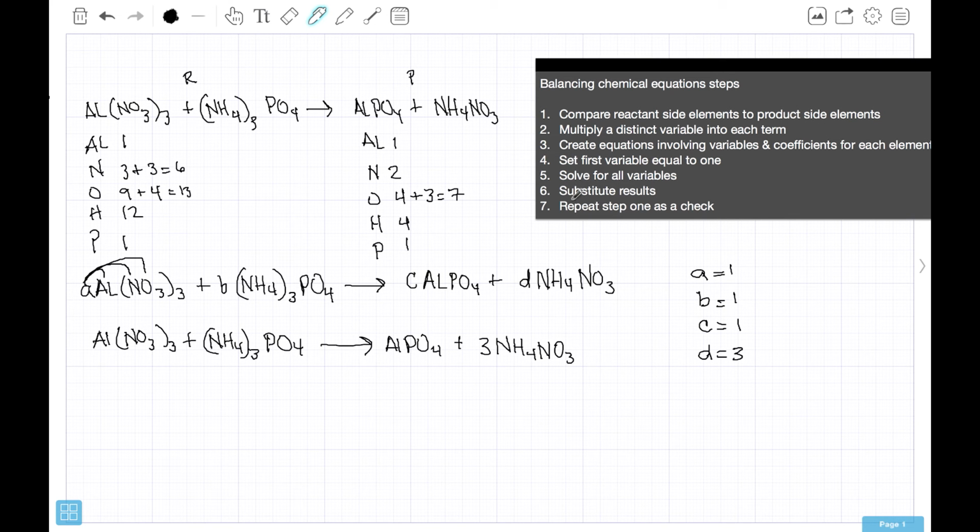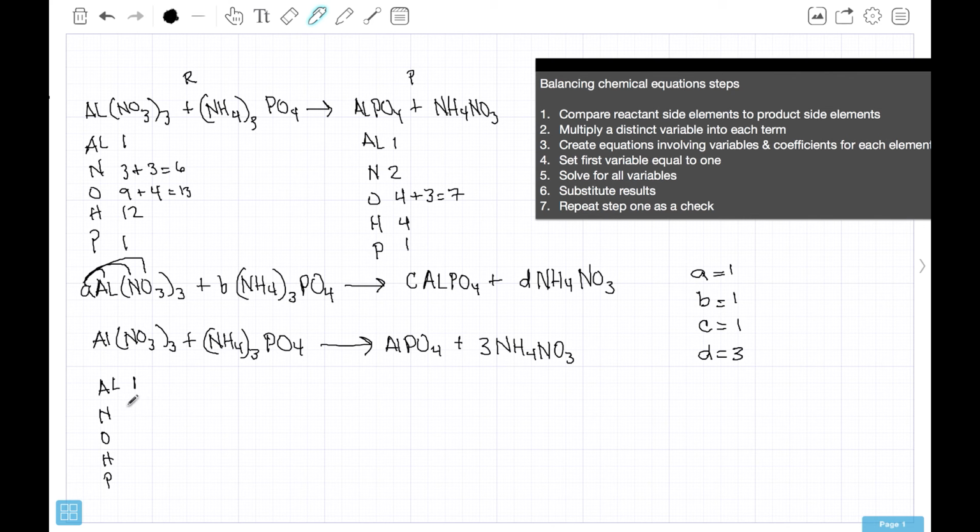Okay, so the last step says repeat step 1 as a check. So every element should match up on each side, and then that will tell us the equation is balanced. So as we did in the beginning, we have aluminum, there's still only 1.